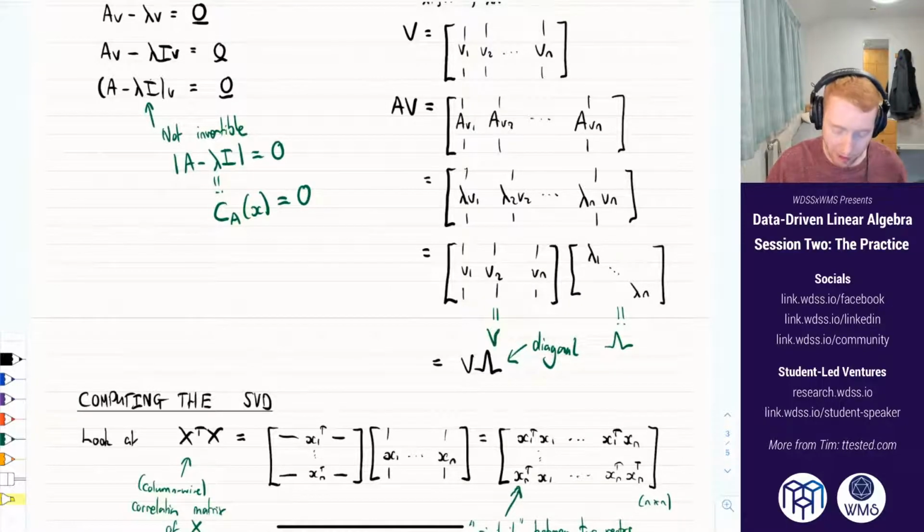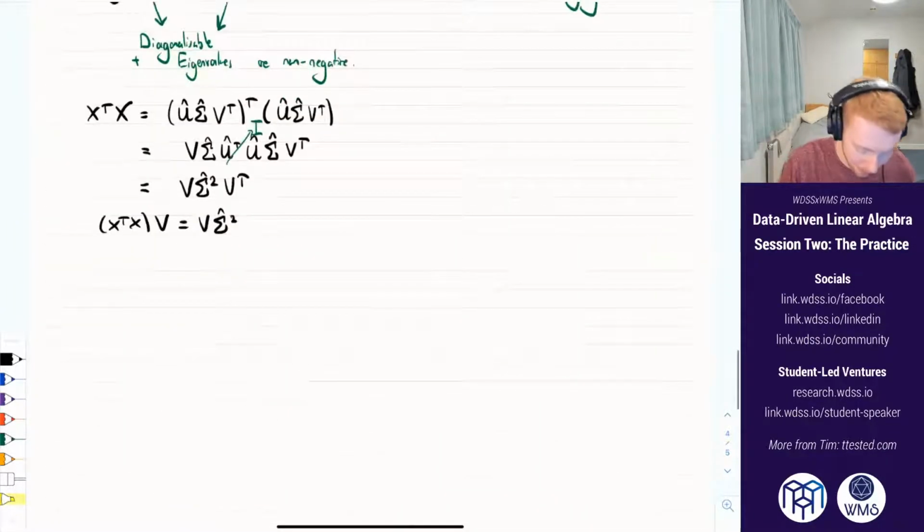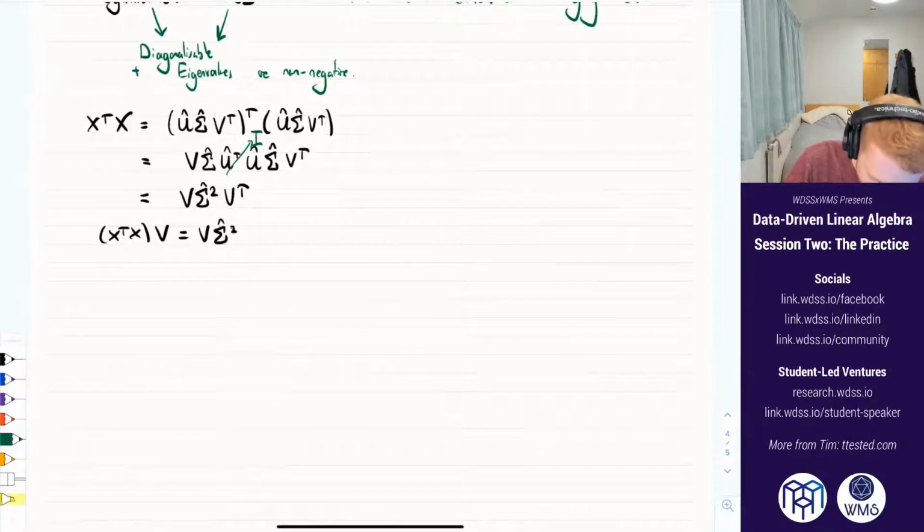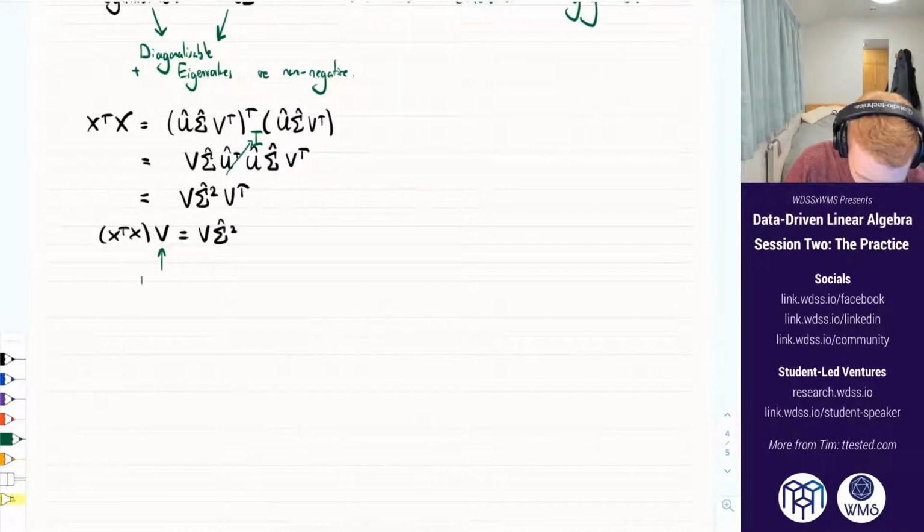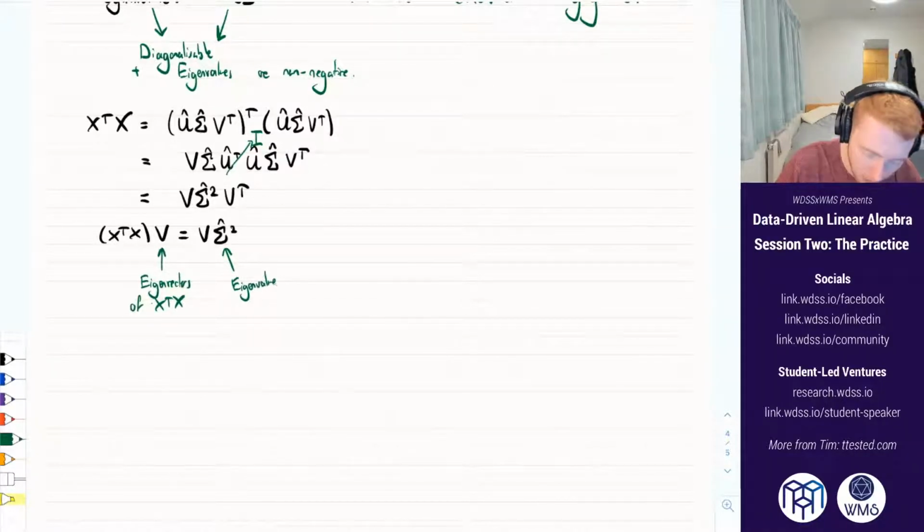V gives us the eigenvectors, and the diagonal gives us the eigenvalues of the matrix A. That's exactly what we have here. So this V matrix is the eigenvectors of x transpose x, and here are the eigenvalues.